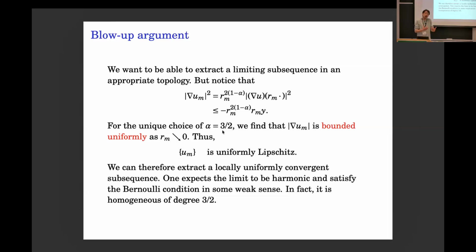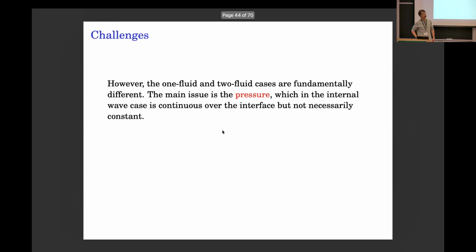So we would like to do something similar, in the sense that we would like to be able to extract a limiting sequence, and then from which we run this blow up. And then we immediately run into this roadblock, namely that we don't have this pressure being constant anymore along the surface. We do not know that.